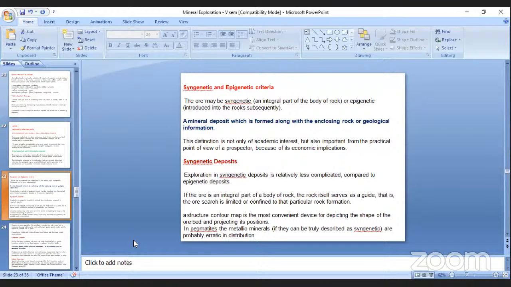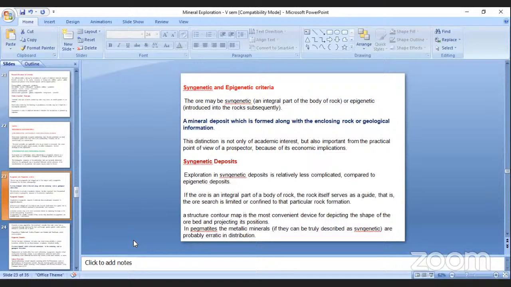In a structure contour map it plays a very important role, and it is very convenient for depicting the shape of an ore body and how it is settled in position.